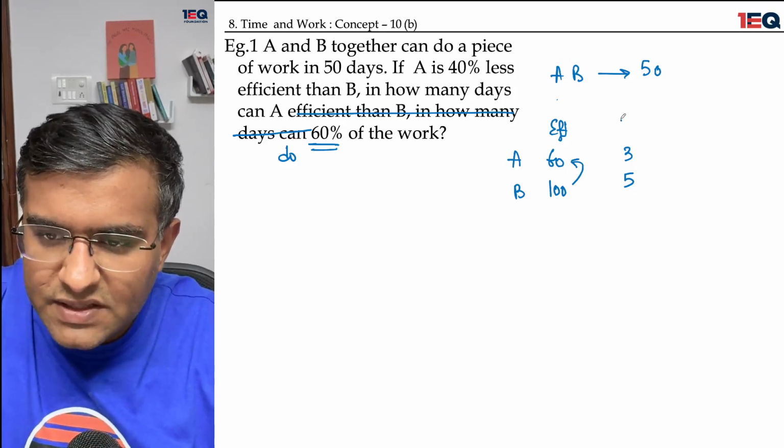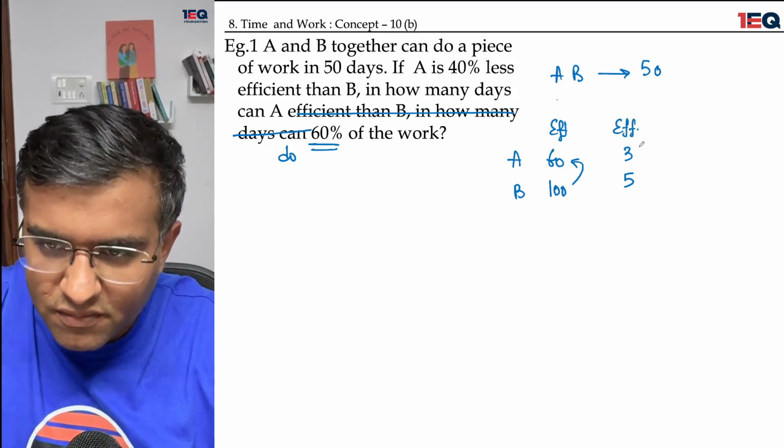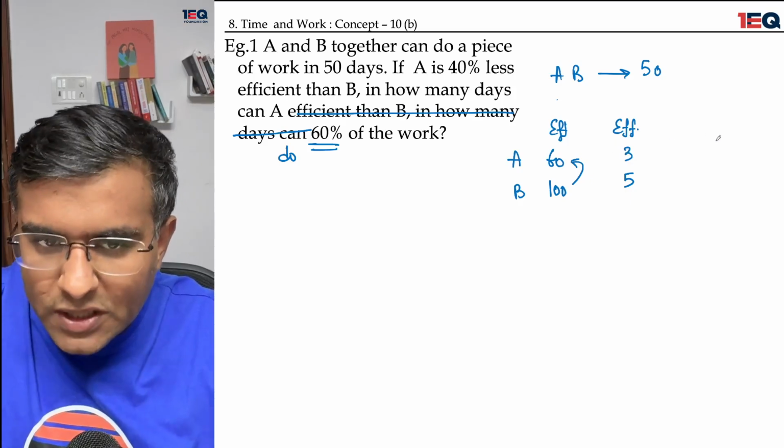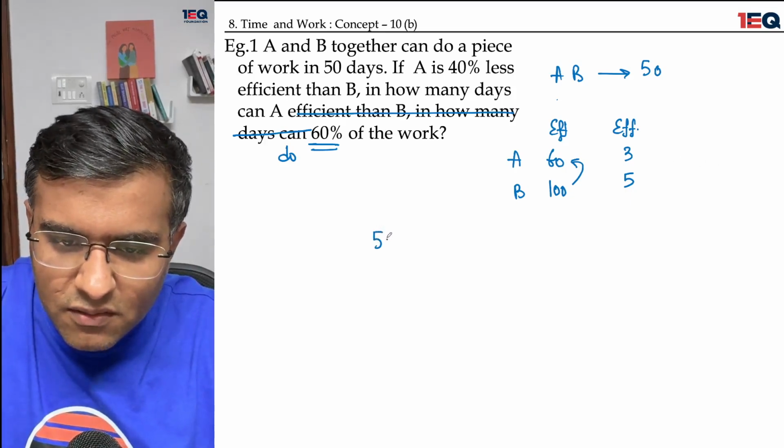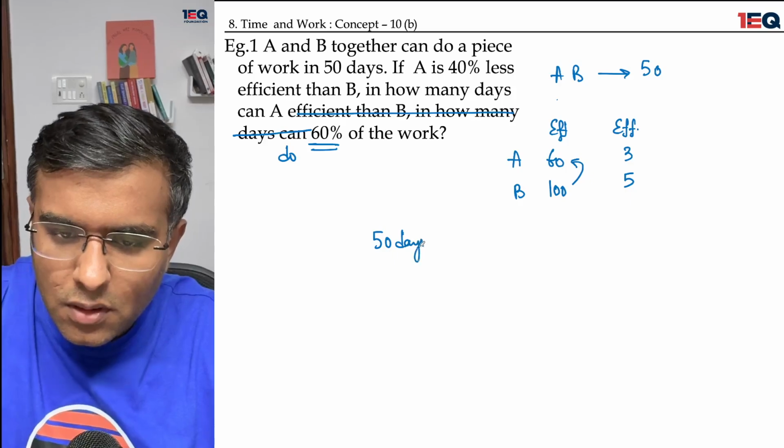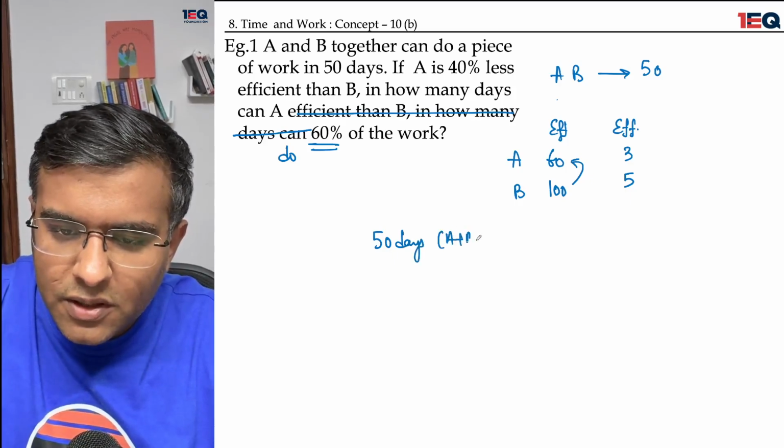Now I have these efficiencies with me. Together they are completing a task in 50 days. That means for 50 days A and B are working together.